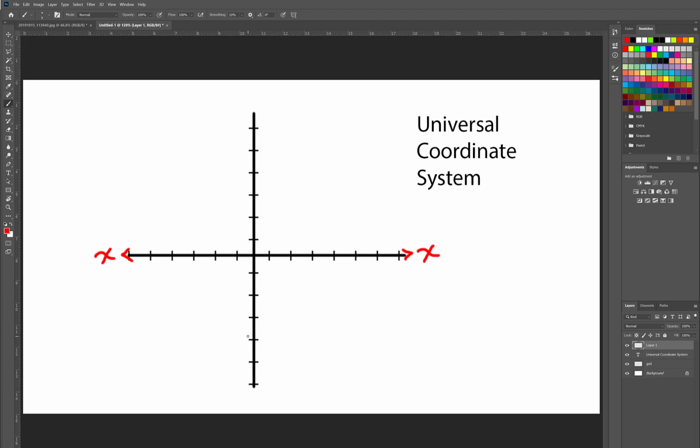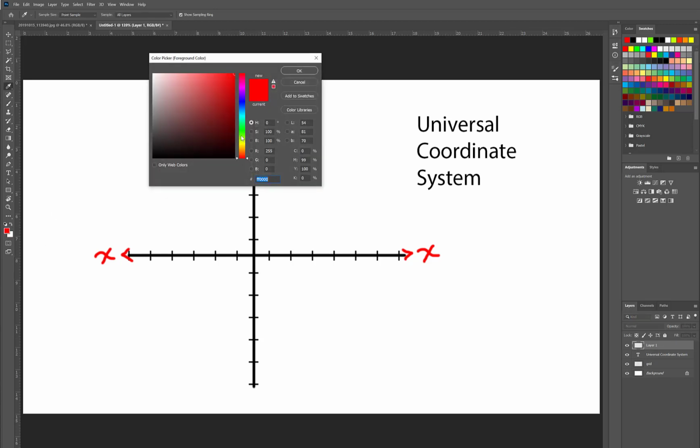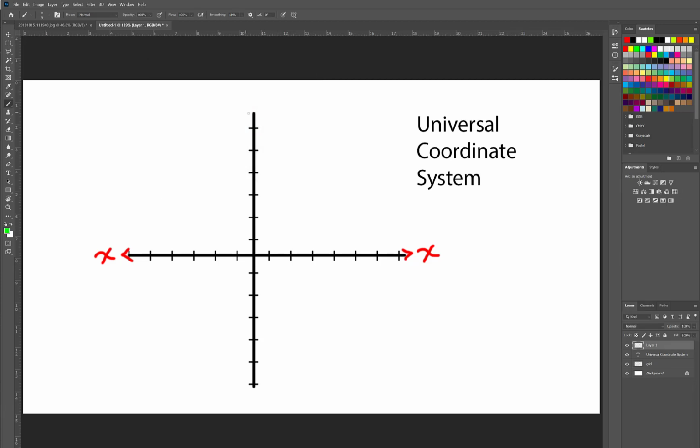You know that this axis here, this is the y-axis. I'm going to change my color to green, and in green I'll put an arrow here and an arrow here, and I'm going to draw a y. So this is the y-axis.